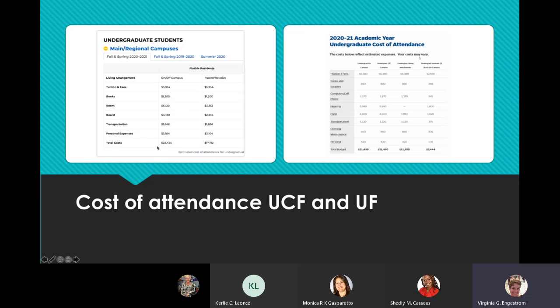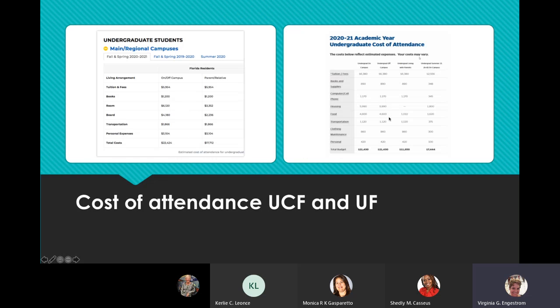The total cost for UCF for fall and spring is $22,000. If you add the summer, it will become about $28,000 or so. Here they do not discriminate what is direct and what's indirect. But we can see that tuition and fees, room and board will be our direct cost, and then books, transportation, and personal expenses will be the indirect cost.